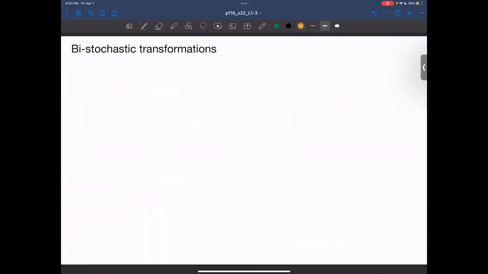Just recapping a bit of our discussion from last time, I wanted to give perhaps another way of thinking of bistochastic matrices. We thought of bistochastic matrices as a convex combination of permutation matrices. What does it mean to be a convex combination?